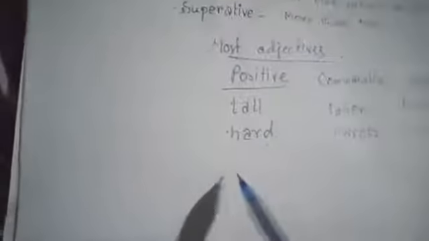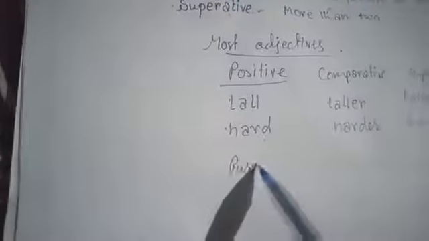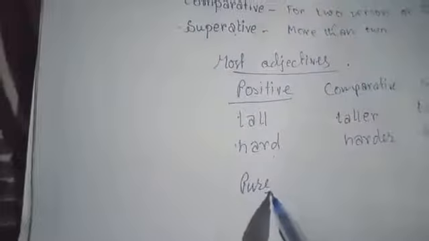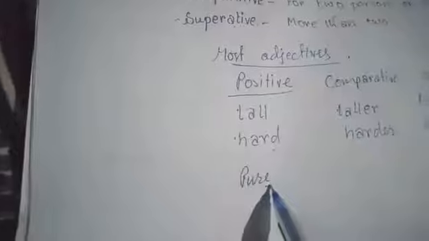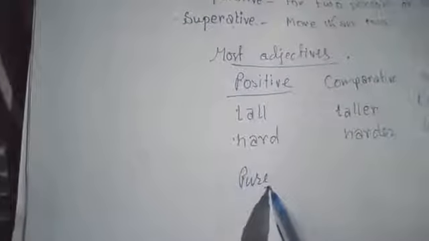Now if a word ends with E, adjectives ending with E, suppose the word pure. What is the last letter of this word? It is E. So we add only r.